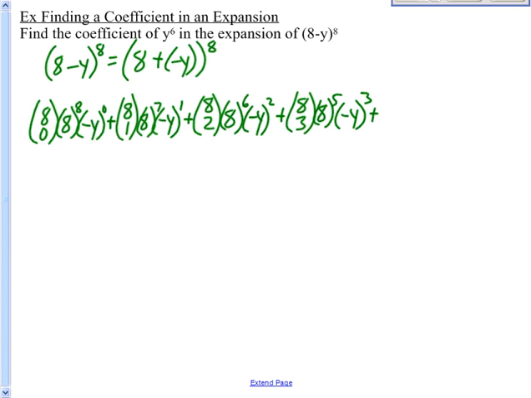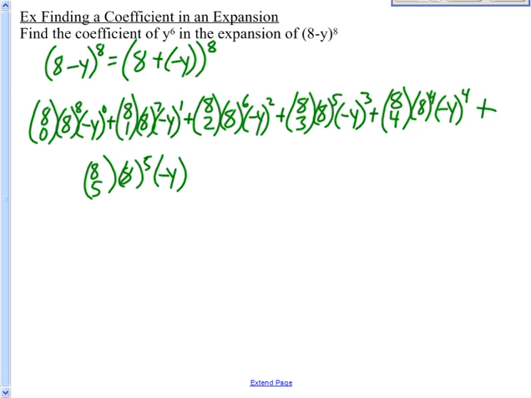And you can probably see the pattern here. 8 choose 4, 8 to the 4th, negative y to the 4th. Let me go down here. 8 choose 5. 8 is to the 5th.